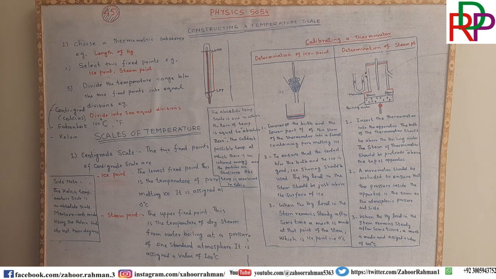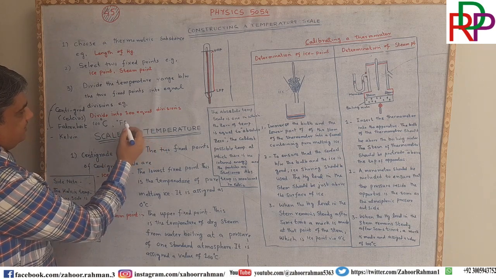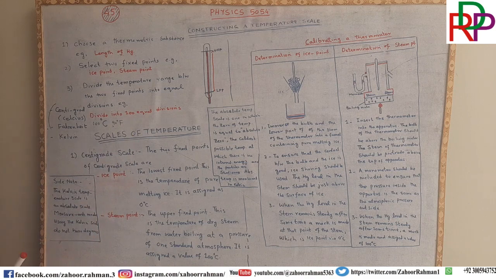In many parts of the world, the centigrade scale is used for scientific and engineering purposes, and many parts of the world including the United States of America use Fahrenheit, for example, 90 degree Fahrenheit.